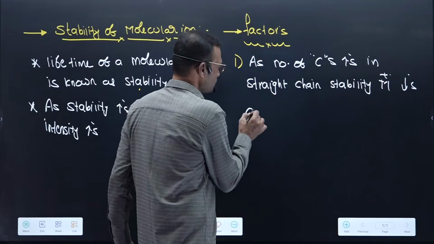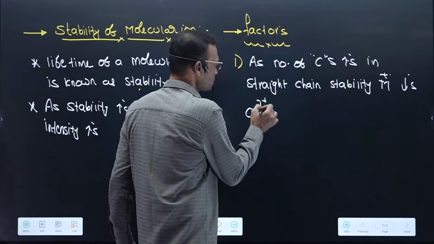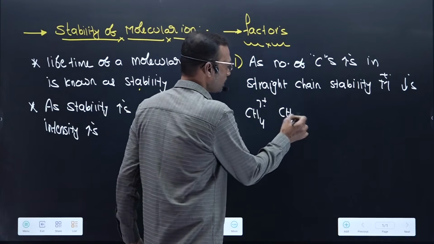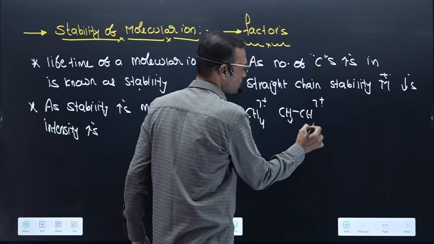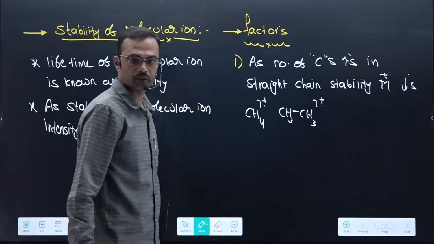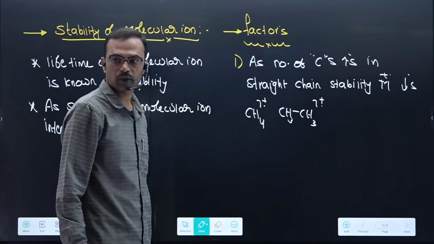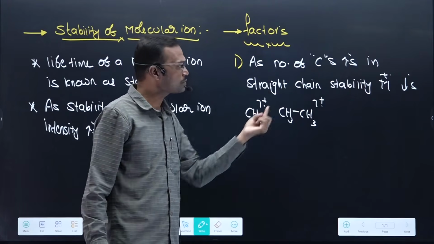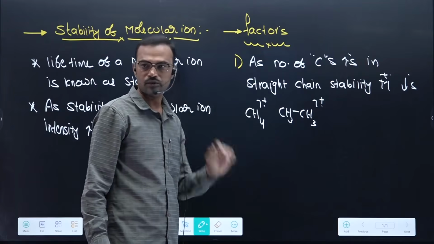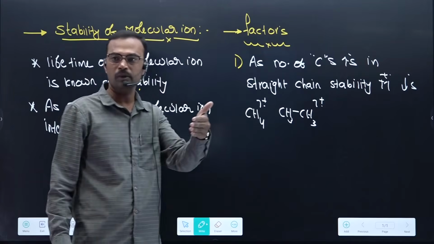Suppose I take methane as a molecular ion, followed by ethane. Between these two, which is the more stable molecular ion? As the number of carbons increases in a straight chain, stability decreases; more carbons means unstable.